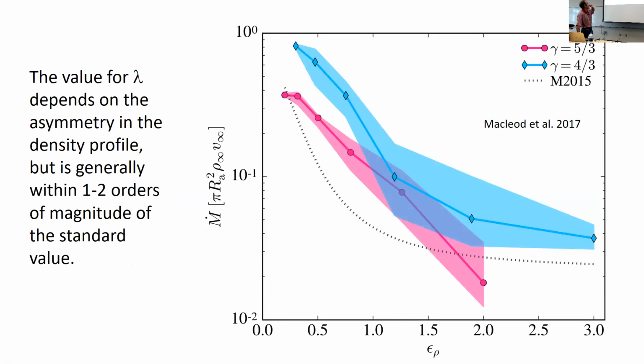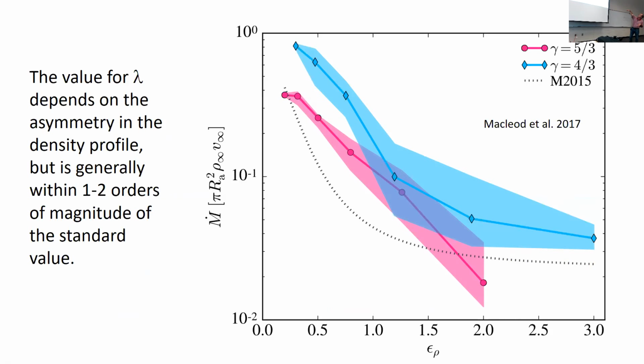Here are some results by McLeod where he's calculating the mass accretion rate versus this density gradient. So this epsilon rho is the density gradient. So 0 would be no density gradient at all. Then he has a huge density gradient on one side, and he's asking the question of what is the accretion rate. He has two different models.